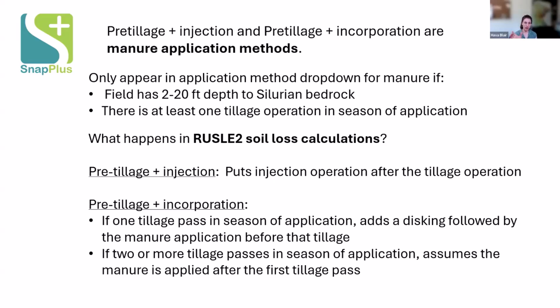If you have 2 or more passes already in that season that you're applying the manure, SnapPlus just puts the manure on in between, and that means you still meet that pre-tillage requirement of having the tillage happen before the manure. So that was a lot of words. I have some nice diagrams that will maybe explain this a little bit better.